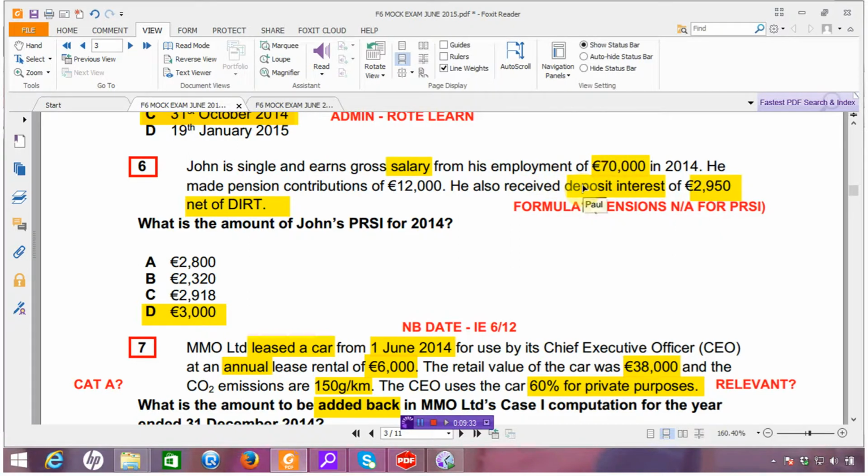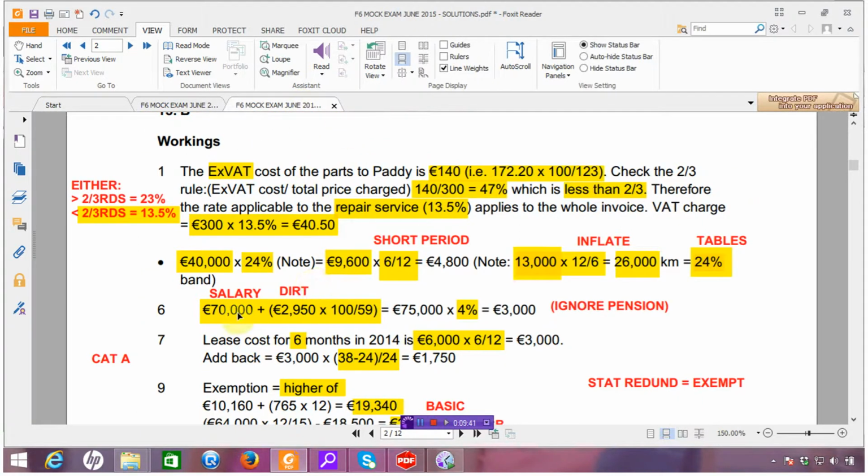The deposit interest is certainly relevant, but a pension deduction is not going to be relevant. If we look at the answer here, all they've done is take the salary, gross up the DIRT by 100 over 59, given that it's paid net, and then simply apply the 4%, giving us the 3,000, and certainly ignore the pension, as I've said.